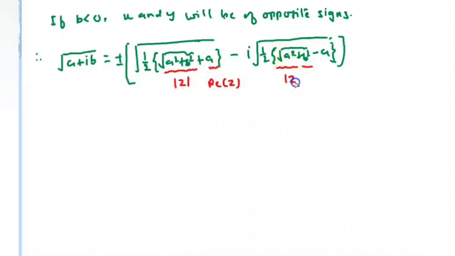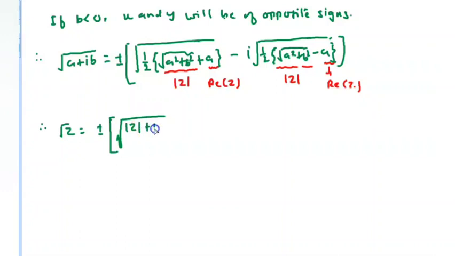So now we can summarize the formula as: square root of z is equal to plus or minus the square root of (modulus of z plus Re z)/2, plus i into the square root of (modulus of z minus Re z)/2.